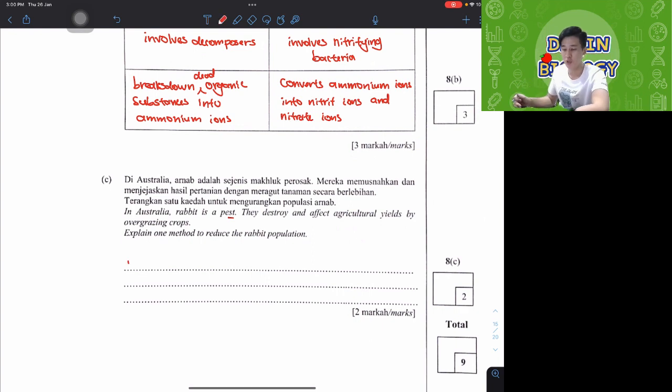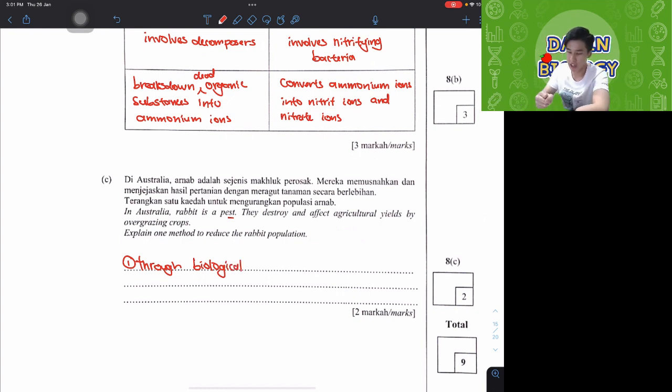Now, explain one method to reduce rabbit population. So in biology, we always learn how to kill pests in agriculture. It's through biological control. You rear an animal, a predator, to kill the prey. So in this case, our predator will be owl.